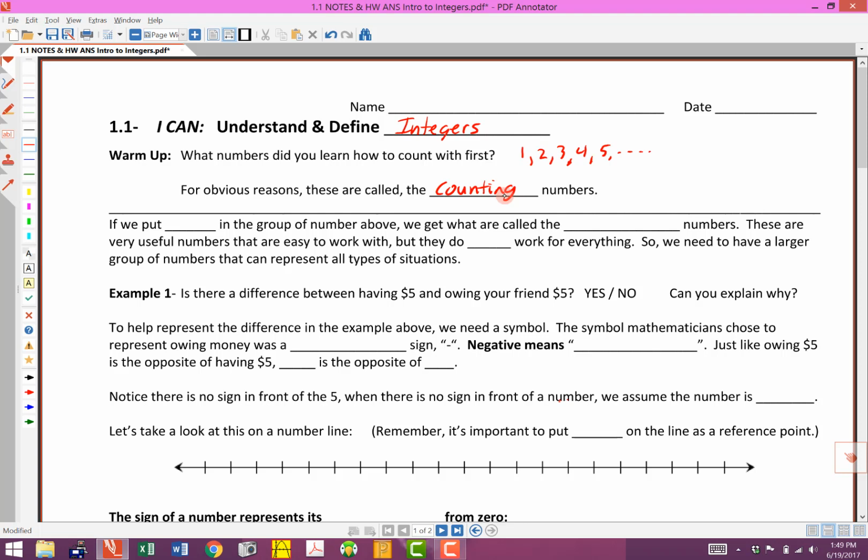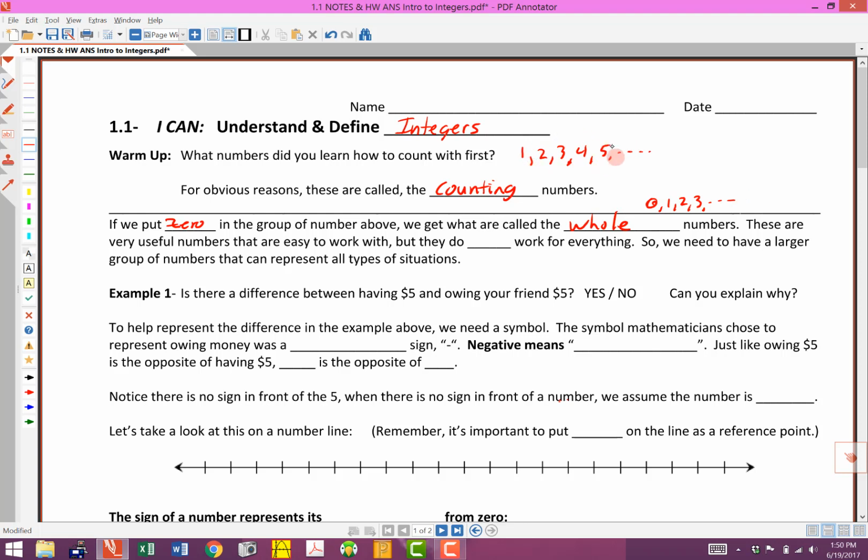Well, we're going to talk about a more advanced set of numbers today. And what we're going to do first is, if we put the number 0 in the group above, we get what are called the whole numbers. So if we start at 0 and then go 0, 1, 2, 3, and so forth, those are called the whole numbers.